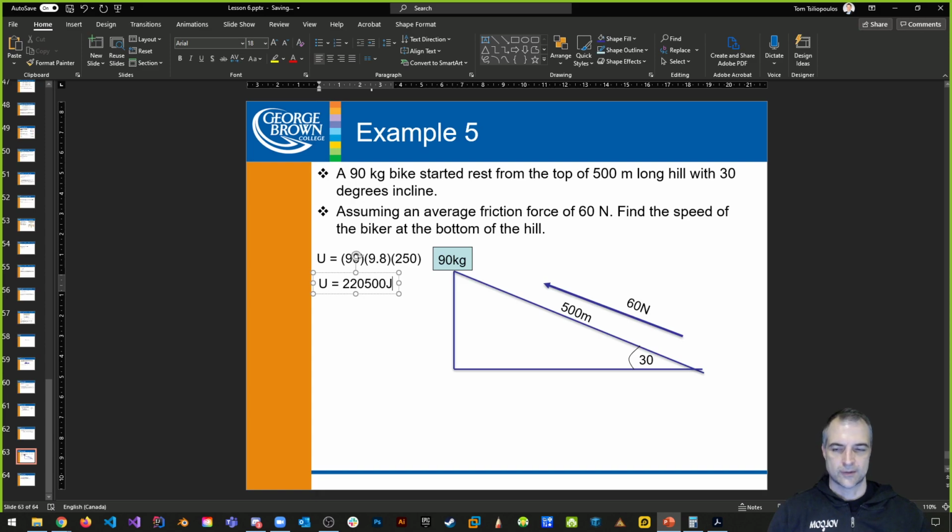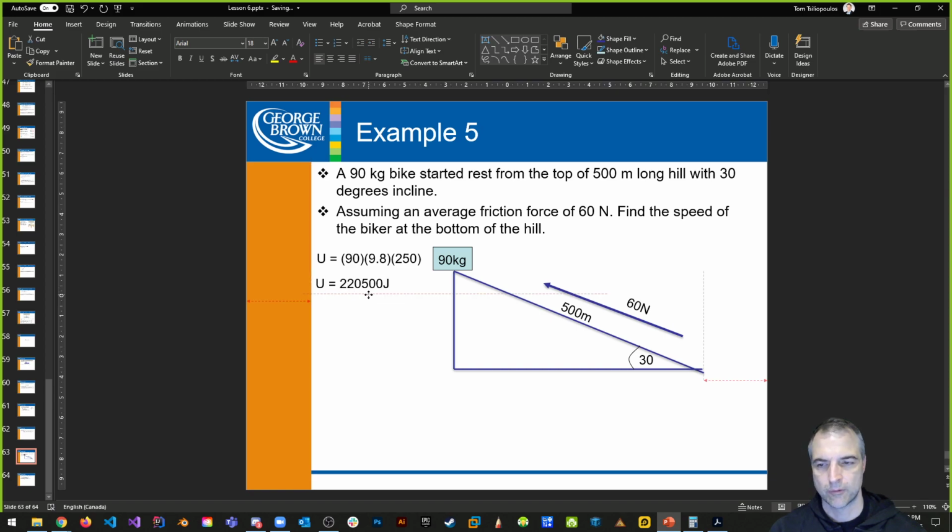We know that the equation we want with work and energy is potential energy plus kinetic energy, plus work, is equal to kinetic energy final plus potential energy final, right?